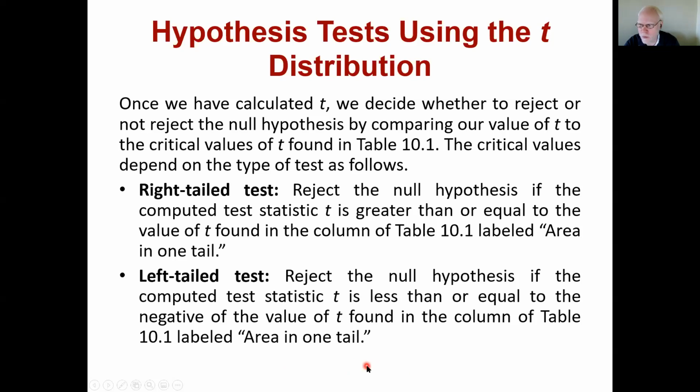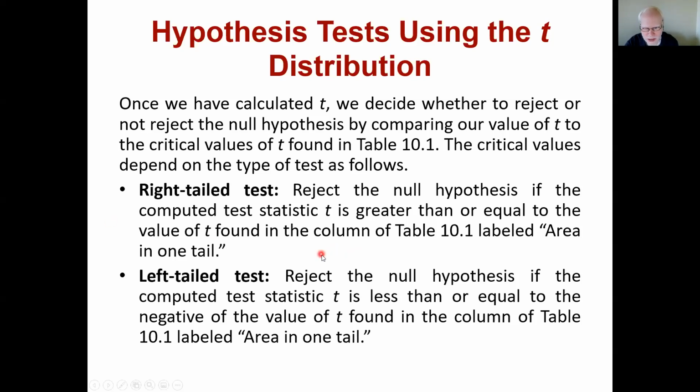And we said before that in our left-tailed test, if our calculated z-score was more extreme than that critical value, so we're in that 5%, then we could reject the null hypothesis. It's the same thing here, but rather than using z-scores, we're using t-scores.